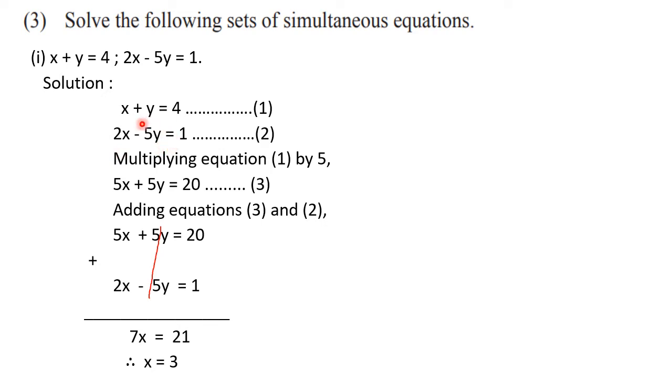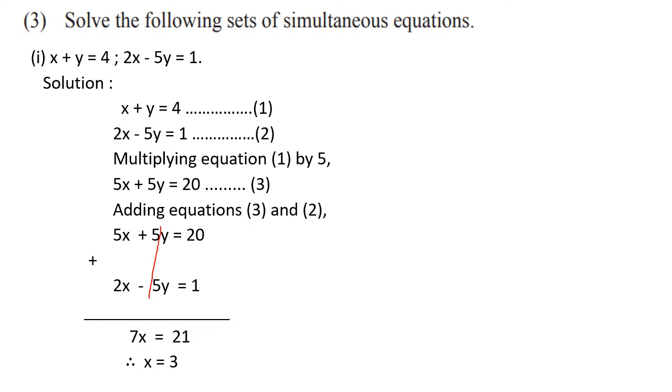But always choose the simpler equation. What we can observe here is equation number 1 is very simple. Okay, so always choose the simpler equation. We will put x is equal to 3 in equation 1 and then we will get value of y.